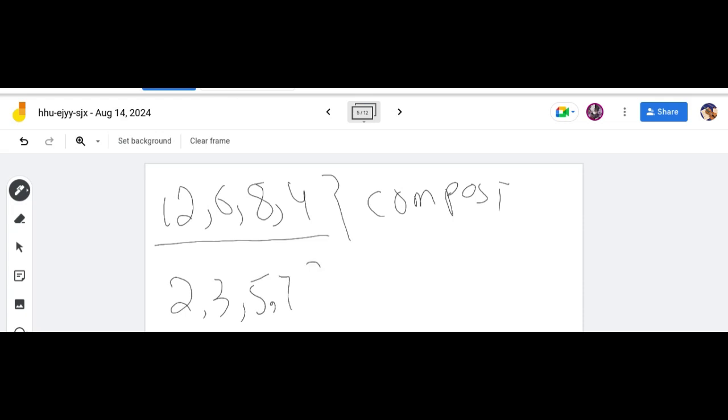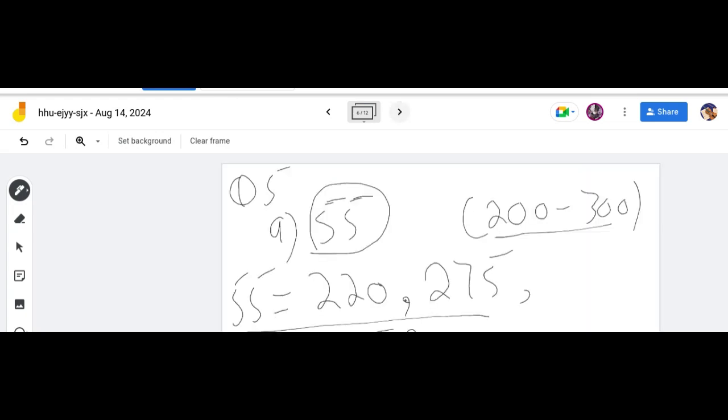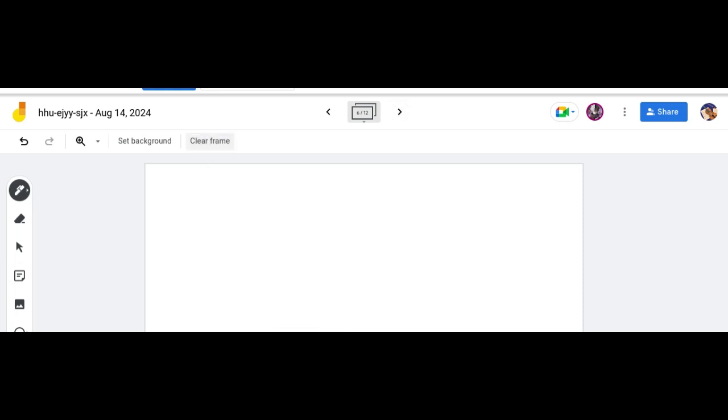What are these numbers? Prime. Now I have to find the factors of all these. First I will do the factors of prime numbers. I understood prime and composite, only the co-prime I didn't. I will explain what co-prime numbers are.